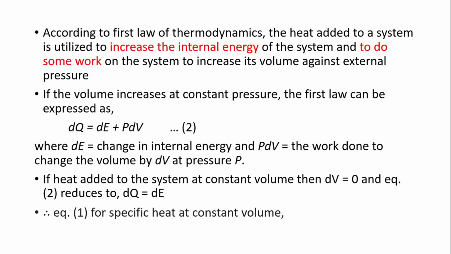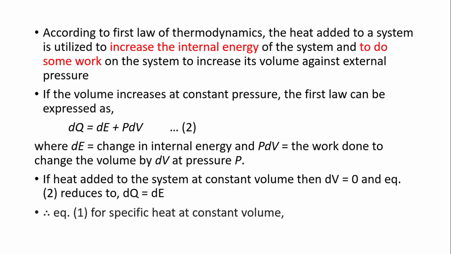If the heat is added to the system at constant volume, then dV is equal to 0. If there is no change in volume, then dV equals 0, and you will find that the second term PdV in equation 2 vanishes, and we obtain dQ equal to dE.